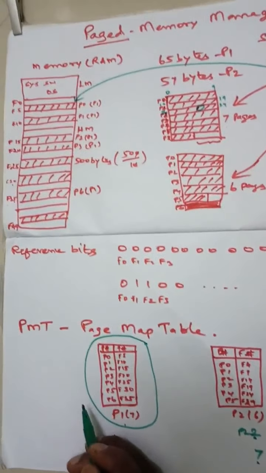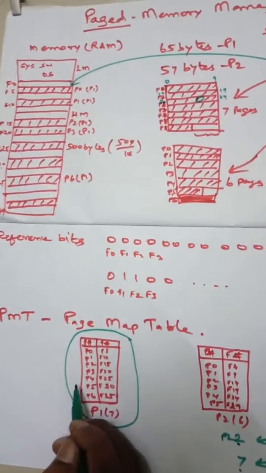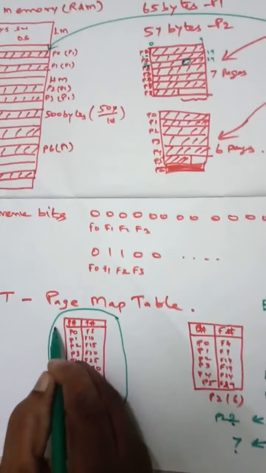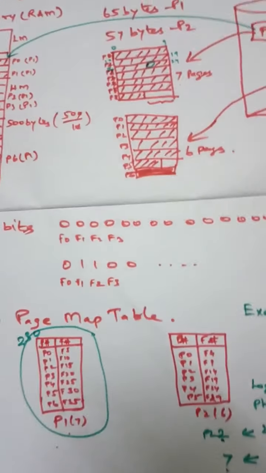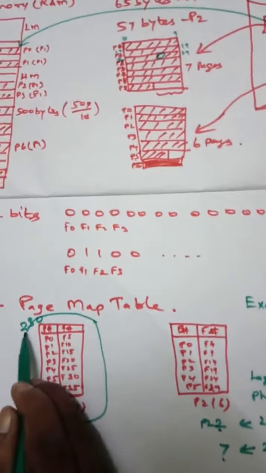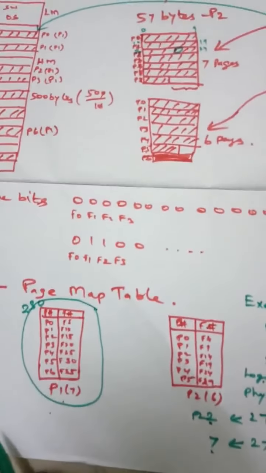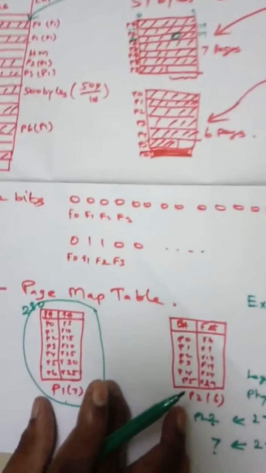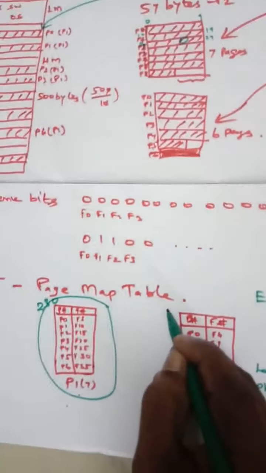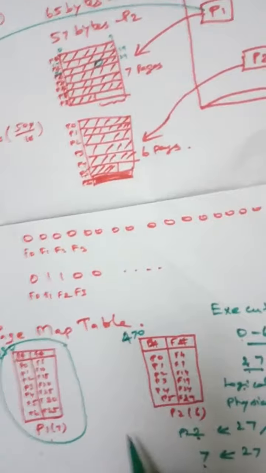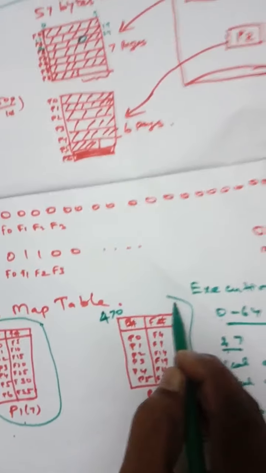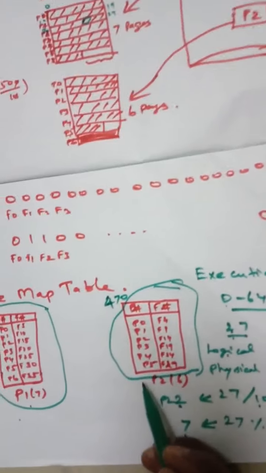For your understanding, its address is 230. So in 230, the page map table of program 1 is created. This is 470, the page map table of program 2.